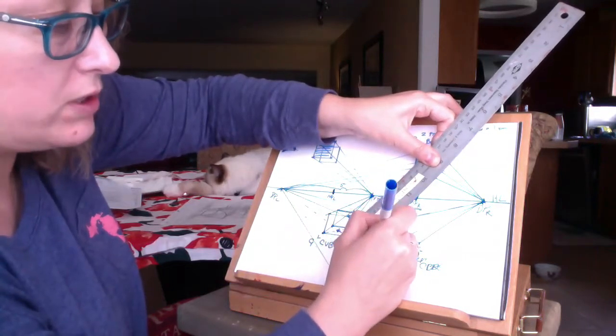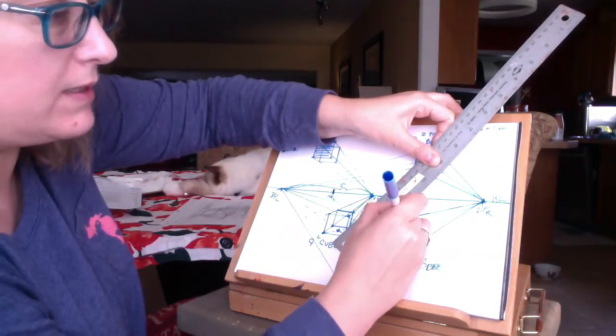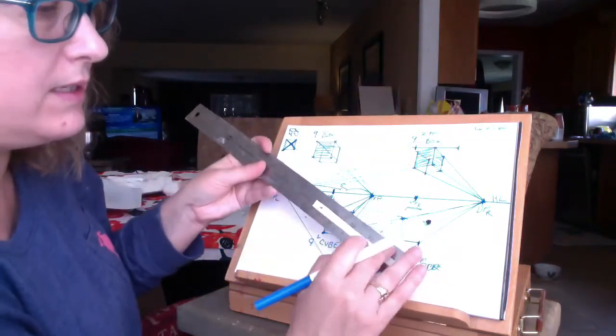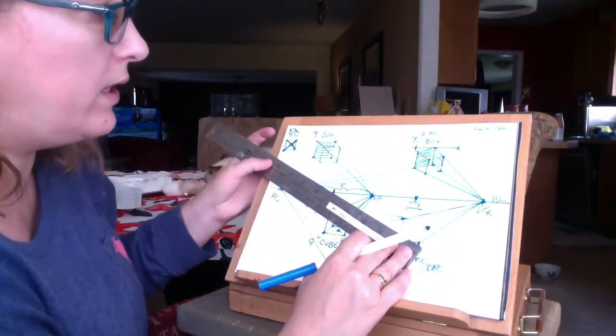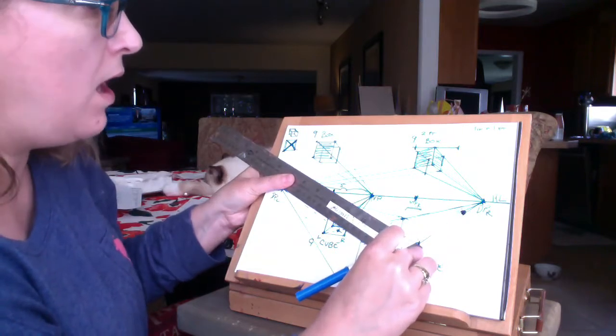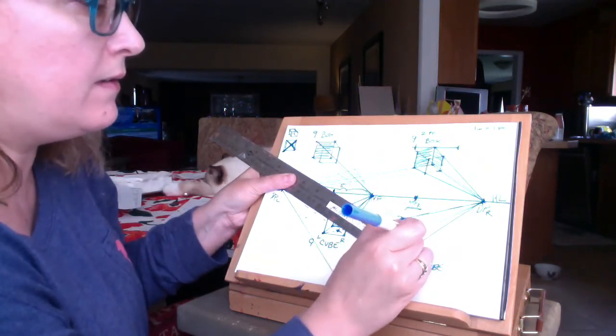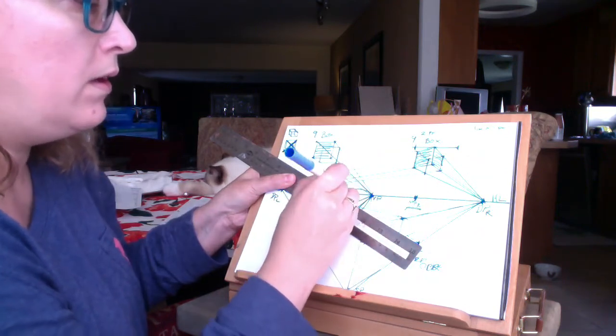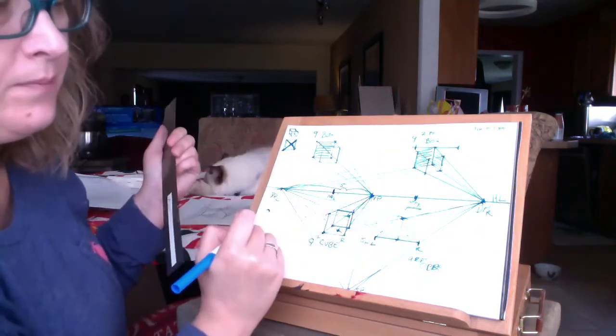And again, this is just a measuring line, so this will be a dotted line. From the right hand corner of my T, I'm going to do a dotted line, and that's going to go to the left hand measure point over here.